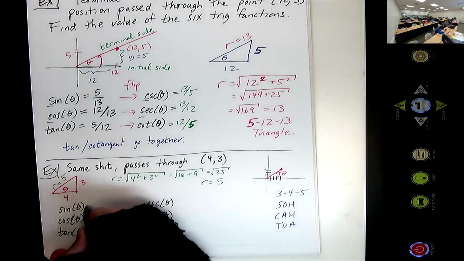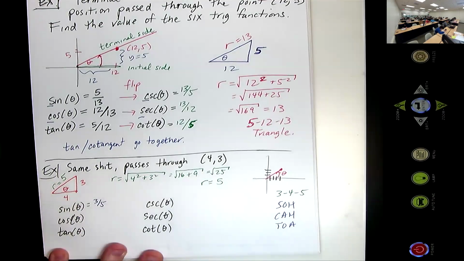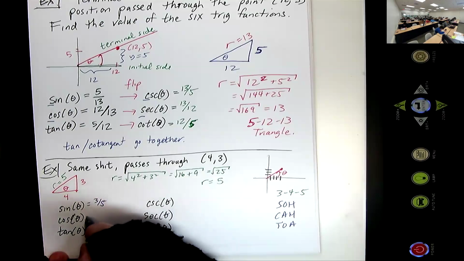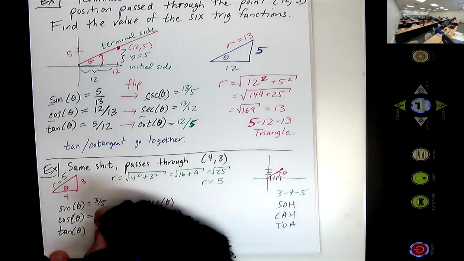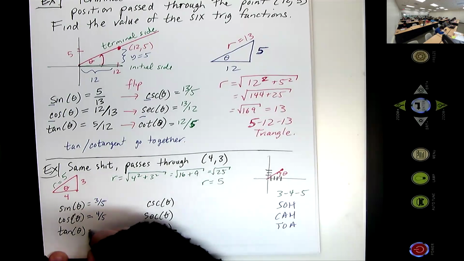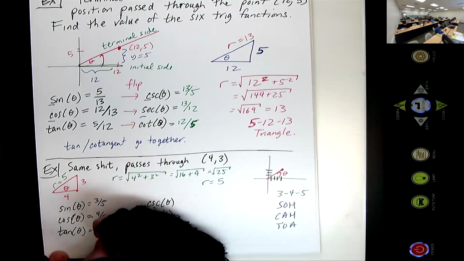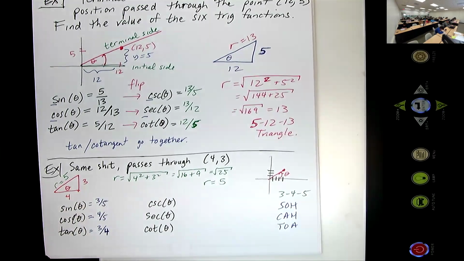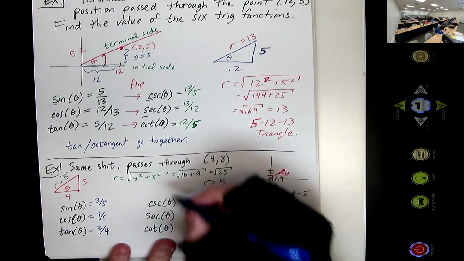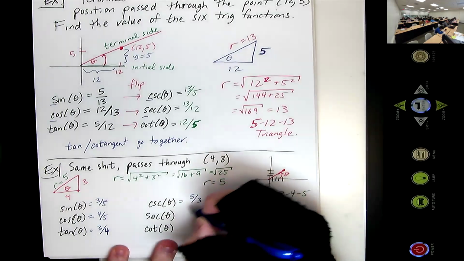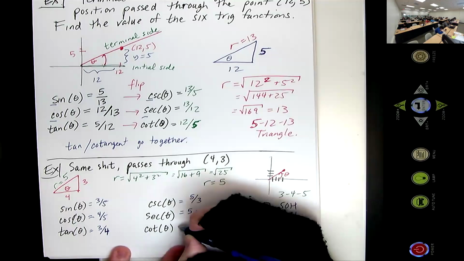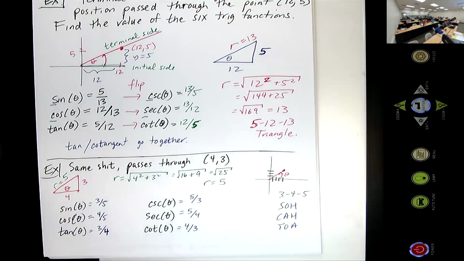Sine is opposite over hypotenuse, which is 3/5. Cosine is adjacent over hypotenuse, which is 4/5. Tangent is opposite over adjacent, which is 3/4. Then we'll flip: 5/3, 5/4, 4/5.